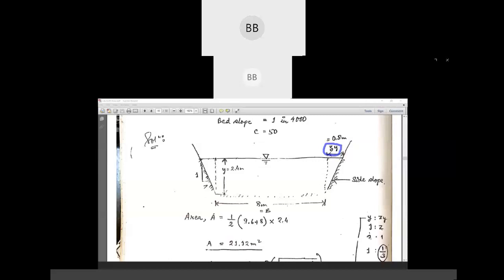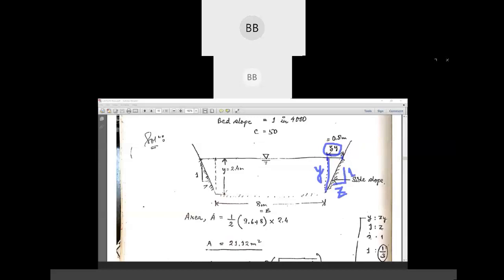That means the portion from here to here is determined by zy. Why? Suppose the side slope we consider 1 is to z. Okay, 1 is to z. And this vertical distance is nothing but your y. This vertical distance. This is your depth of flow. That we all know.